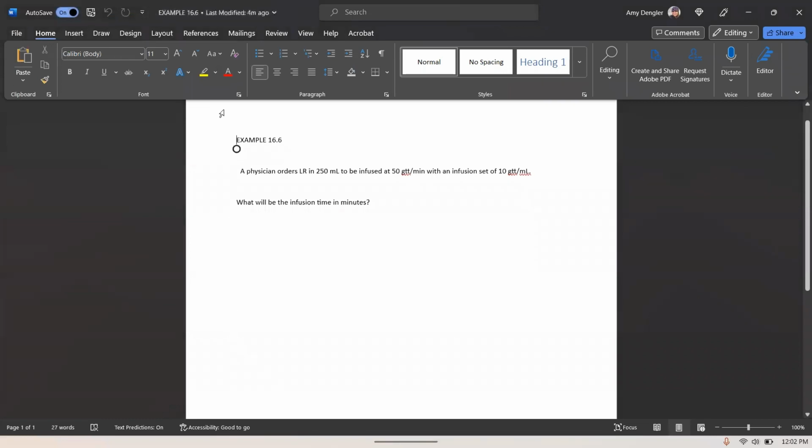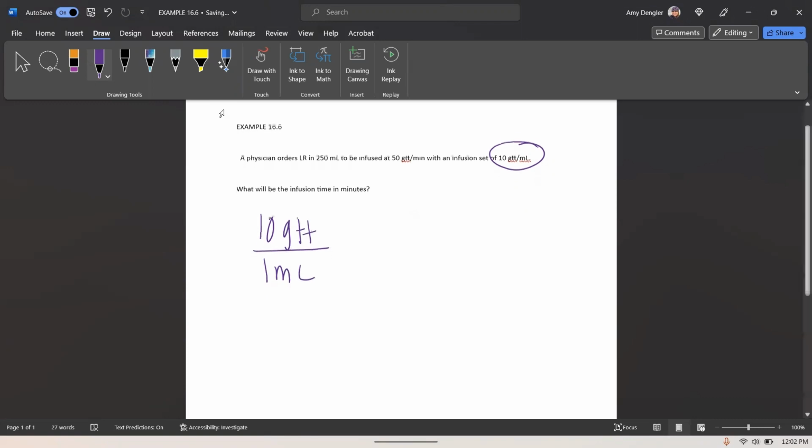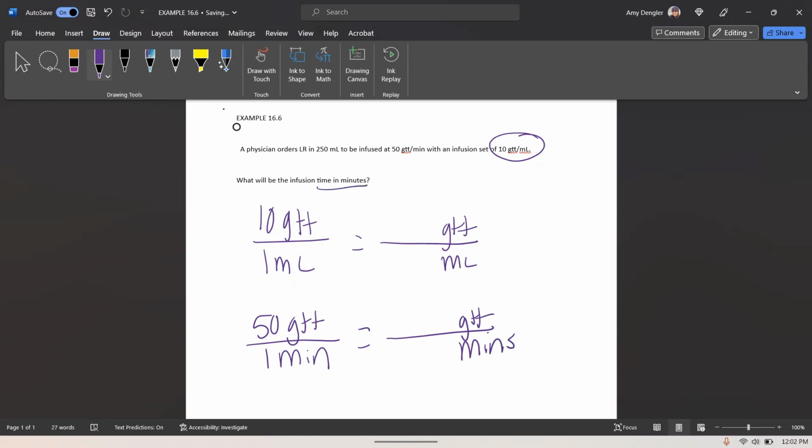The first one I'm going to use the 10 drops per ml, and the next one I'm going to use 50 drops per minute, just to show you. I know I need to have the same exact units across, and ultimately I'm looking for the infusion time in minutes, which I'll get from the second proportion, so I'm going to plug in my X there.